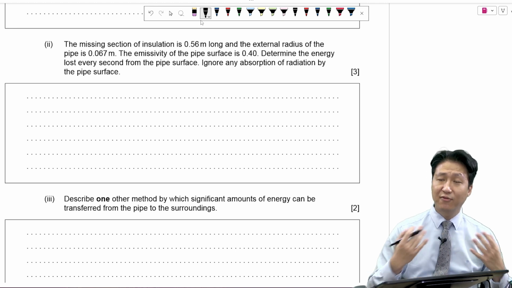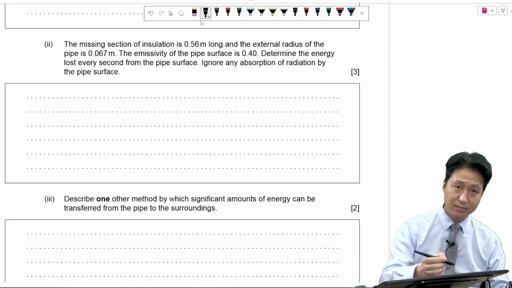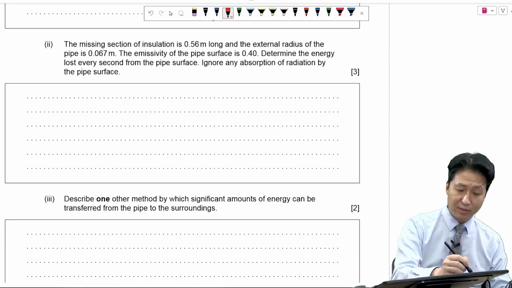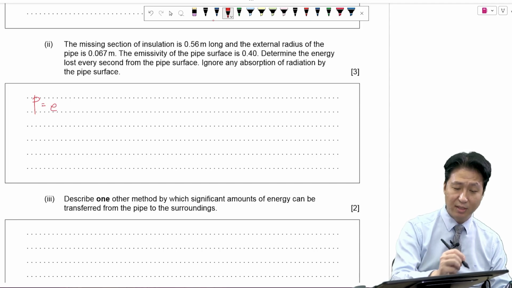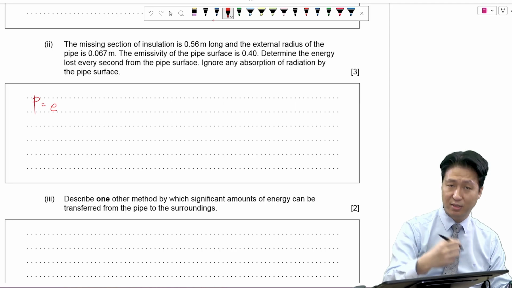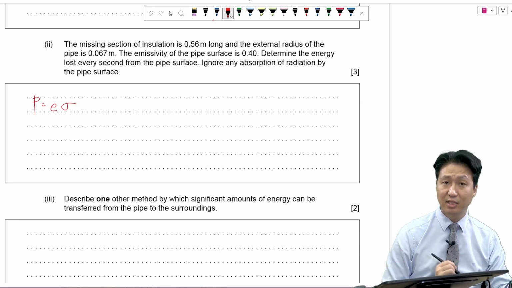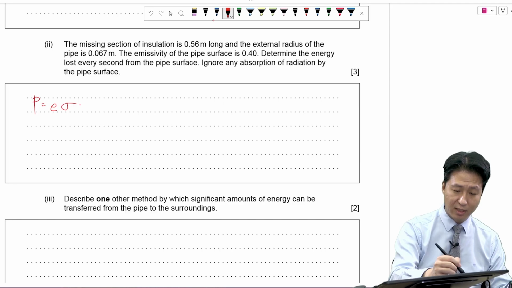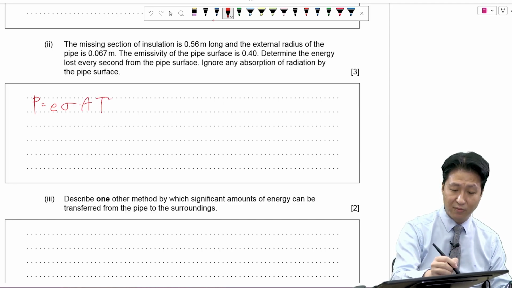So we have to find the power of thermal radiation using Stefan-Boltzmann's law. Using Stefan-Boltzmann's law, the power of thermal radiation is equal to the emissivity, which is a fraction from 0 to 1, which tells you how well it emits thermal radiation, times the Stefan-Boltzmann constant, times the surface area of the object, times temperature to the 4th power.